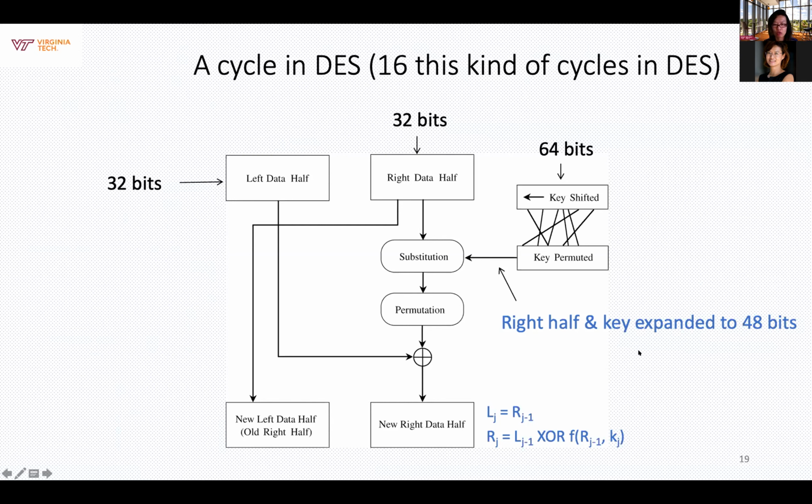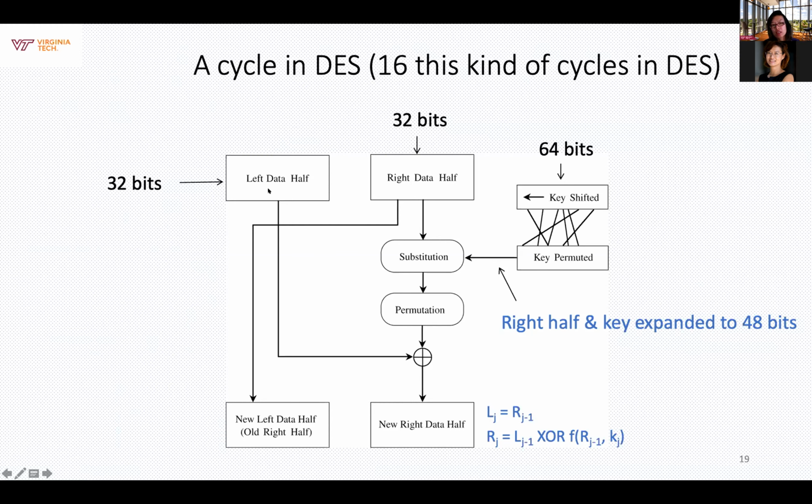And then the right half, you don't do anything at all. The right half just directly goes to the next cycle as the left half. Okay, so that's easy. Here is the mathematical notation. In round j minus 1, the right half is the same as the next round j left half.